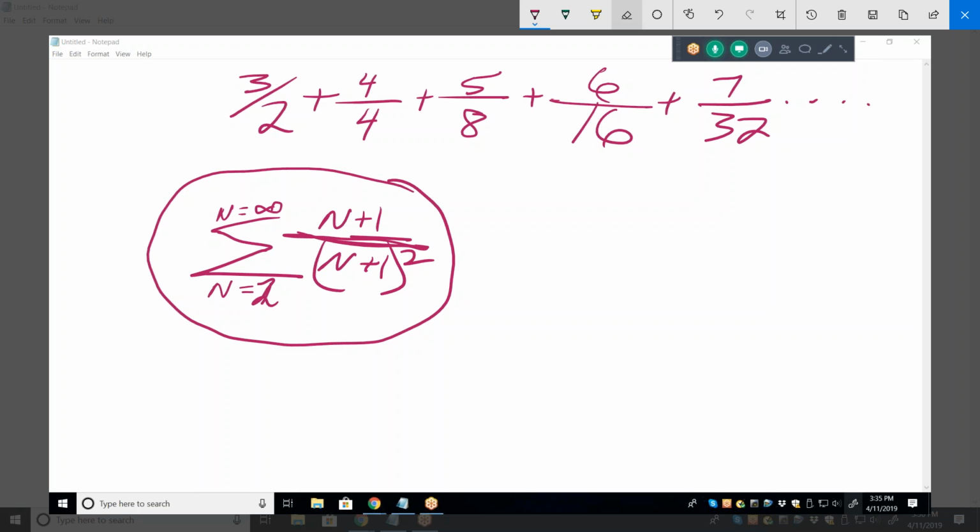And n is going to start at 1. You can have these things start anywhere. And this becomes n plus 2. Now, based on what I've circled, tell me the first term of the series.